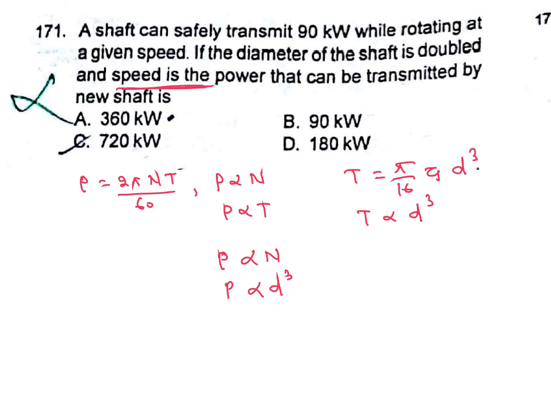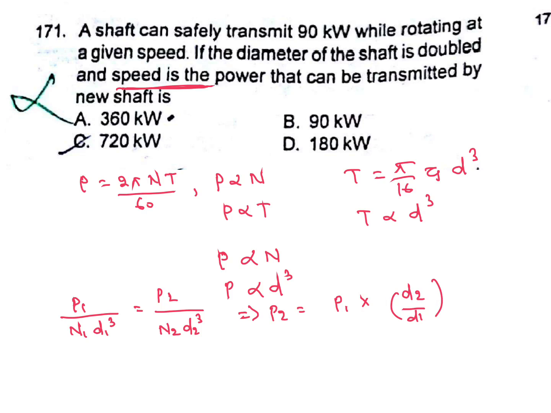So P1 by n1 d1 cube equal to P2 by n2 d2 cube. We have to calculate P2. P2 is P1 into n2 by n1 into d2 by d1 whole cube. Put the values.